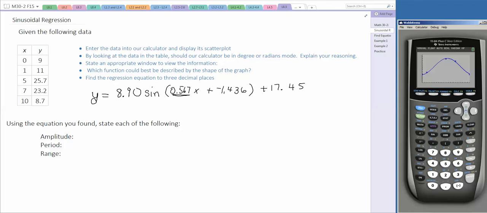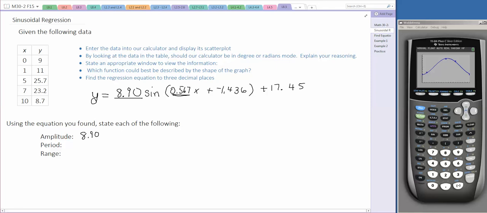Now, let's use our data to determine our amplitude, our period, and our range. Our amplitude comes from A, and so the amplitude is 8.90. We don't have any context for this data, so it's just the numerical value for our amplitude.